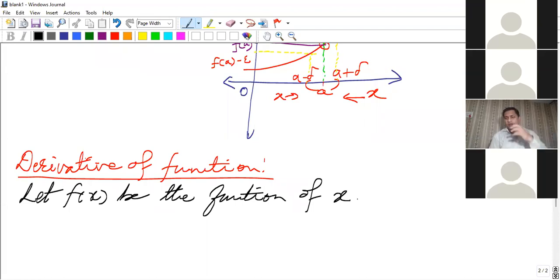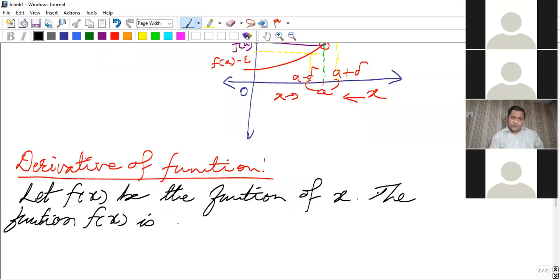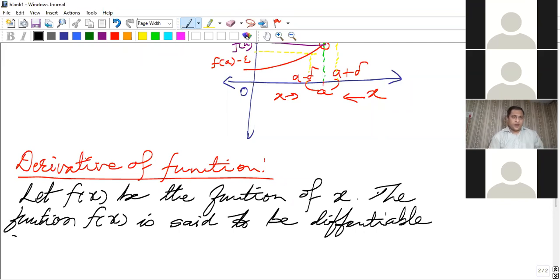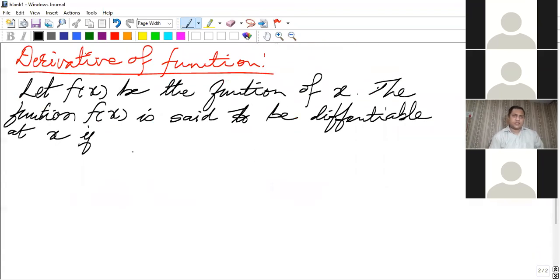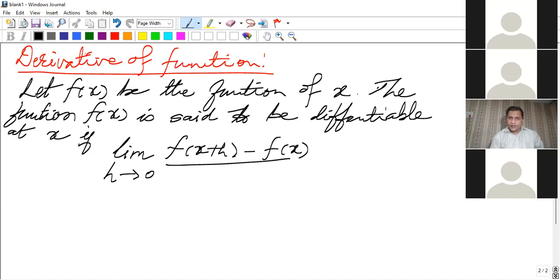Okay, and now I have a point where I need to have the derivative. So the function f of x is said to be differentiable at x if the limit h tends to 0 of f of x plus h minus f of x upon h exists.